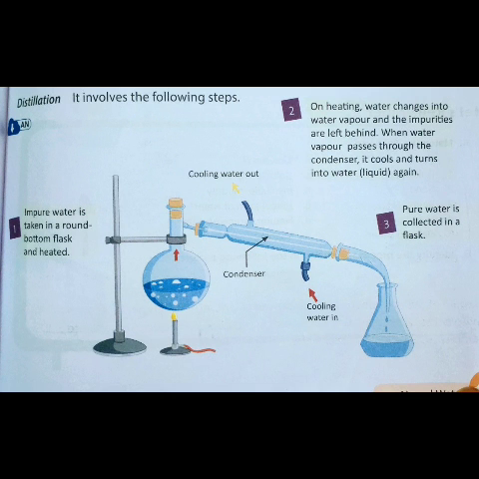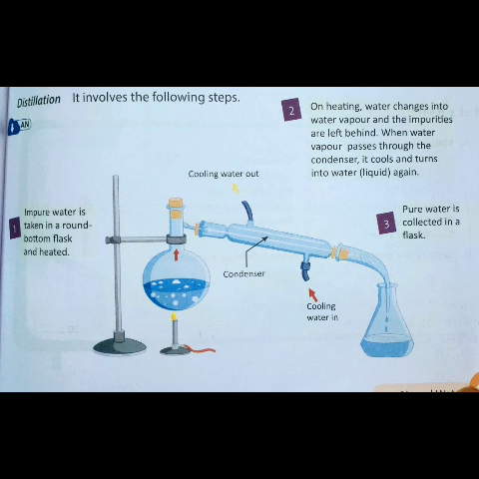Next, distillation is another method to remove soluble impurities from water. It involves the following steps. Look at the picture. The first step, impure water is taken in a round bottom flask and heated.